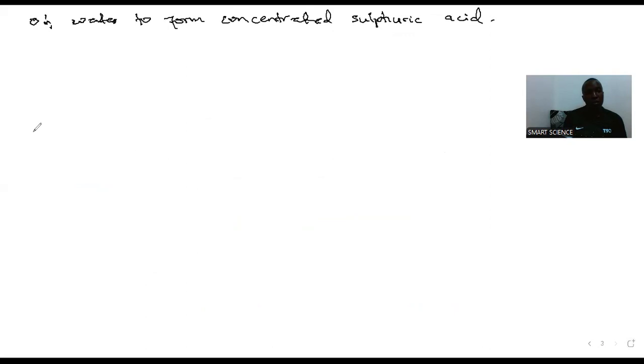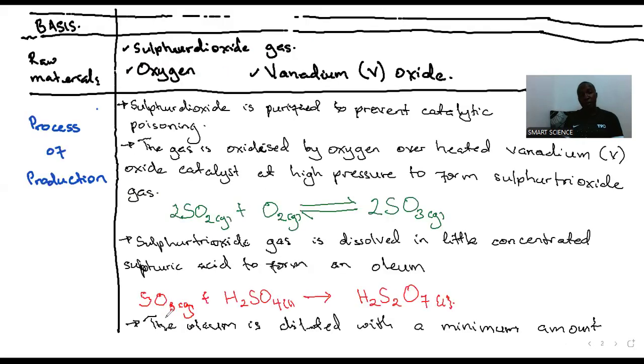So this should also be represented with an equation where our oleum is dissolved in a very little amount of water, and the product becomes sulfuric acid, which is a liquid. So that will be the process of production as a second basis of assessment.